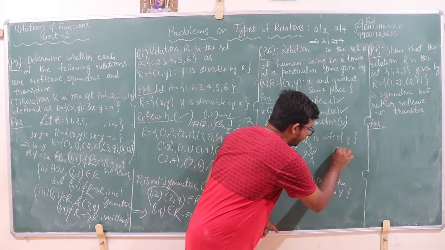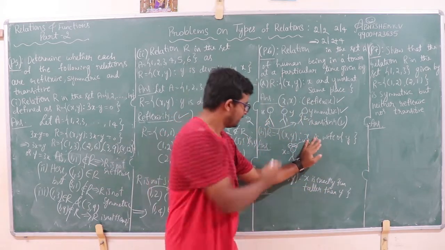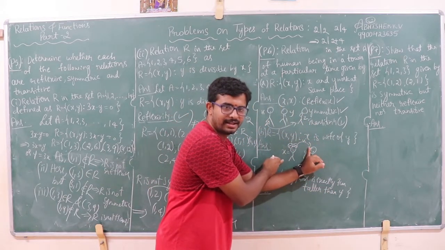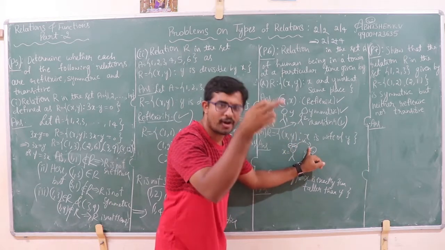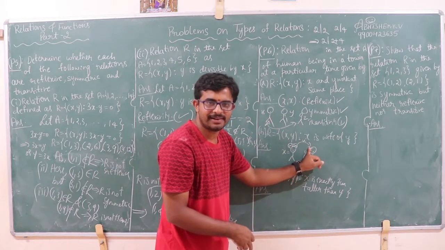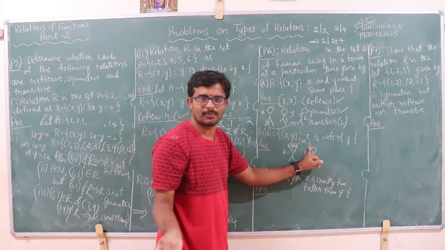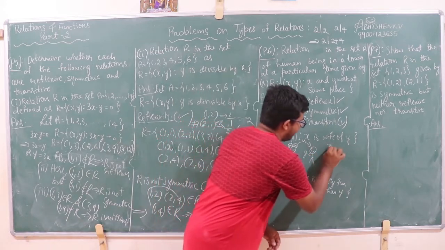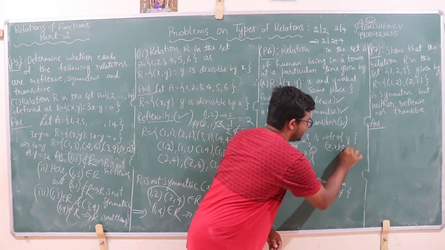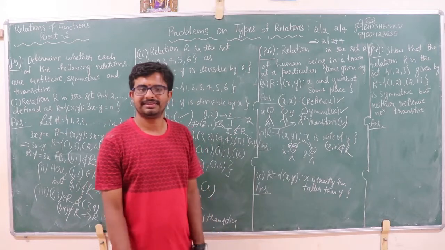Consider this one: is x a wife of x? Is it possible? Think over it. Not possible, right? Therefore, x and x does not belong to the relation R.